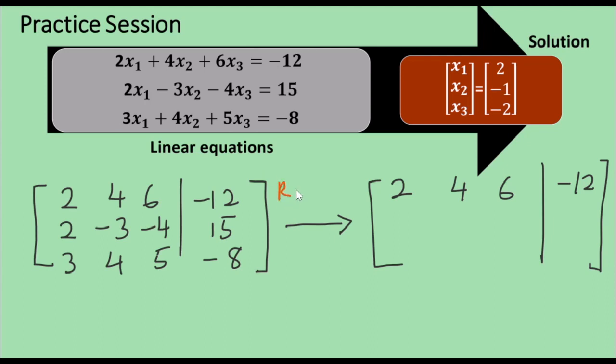The new row 2 would be negative of 2 divided by 2, which is negative 1 multiplied by row 1 plus row 2.